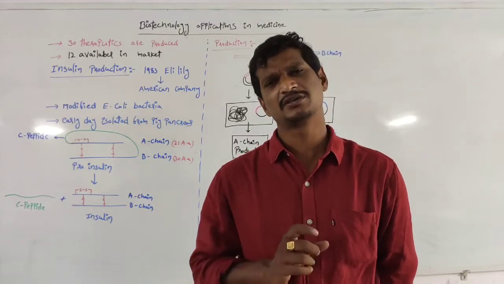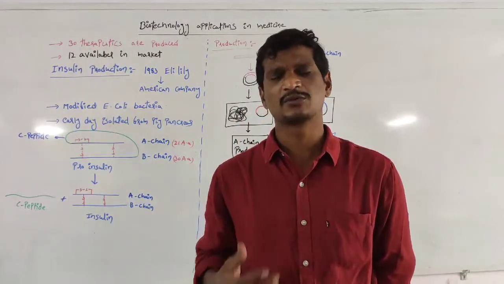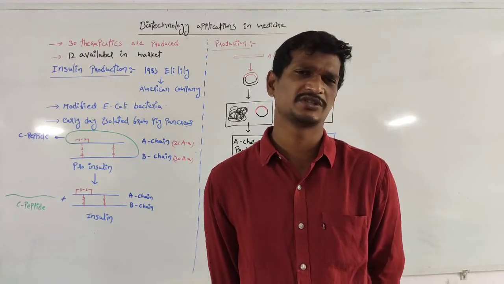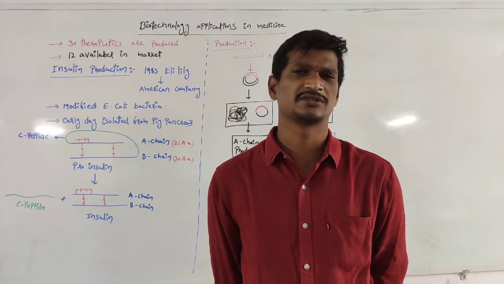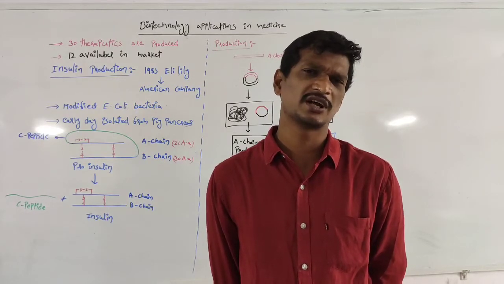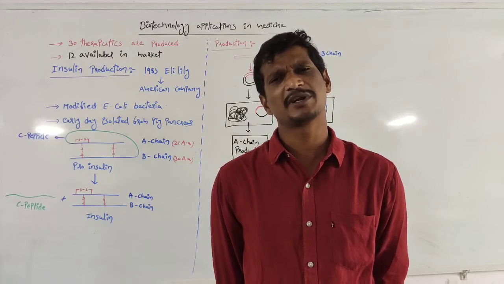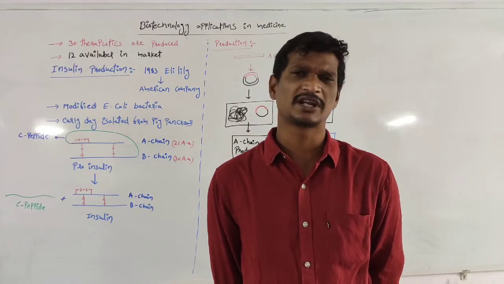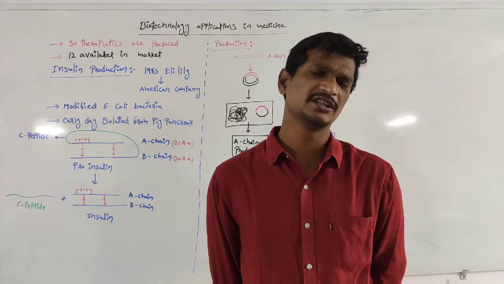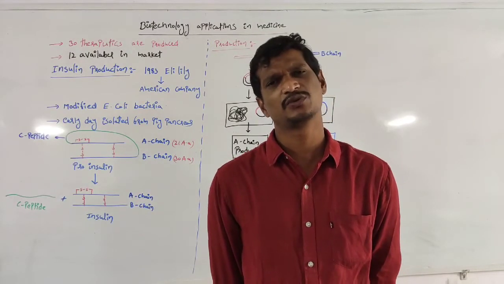All of you remember, within our body at regular intervals, insulin hormone production takes place and regulates the sugar levels. Once the insulin hormone is produced, the glucose transporters in the plasma membrane are opened, and the glucose molecules enter inside the cell.